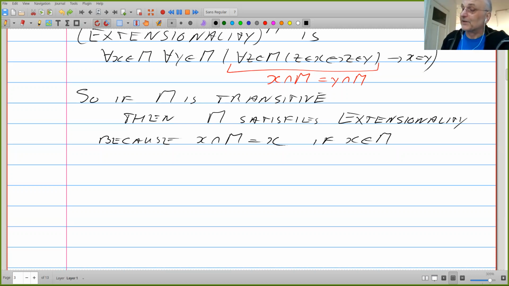It's also a nice exercise to find models where things fail. You could try and build a tiny little M, which then of course is not transitive, in which the extensionality axiom fails. That's not too difficult, but like I said, it's a nice exercise.